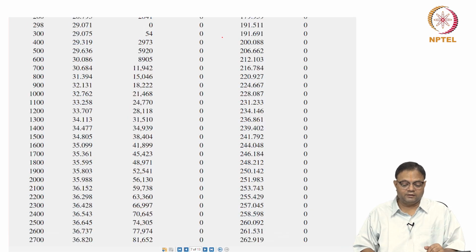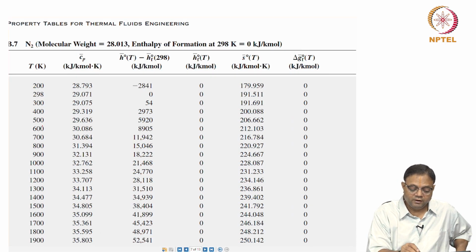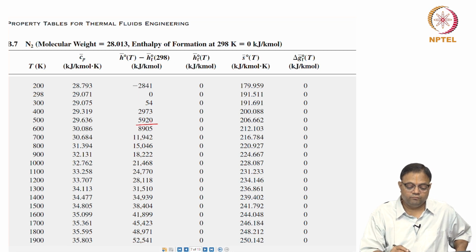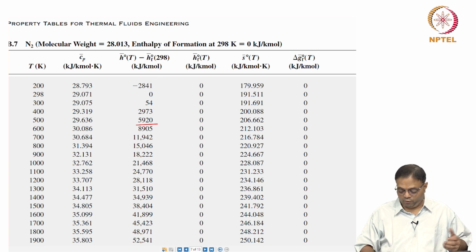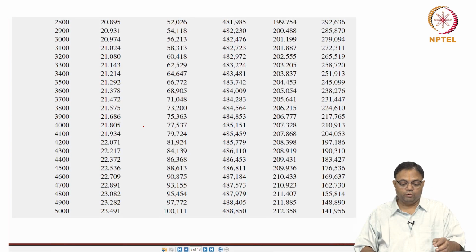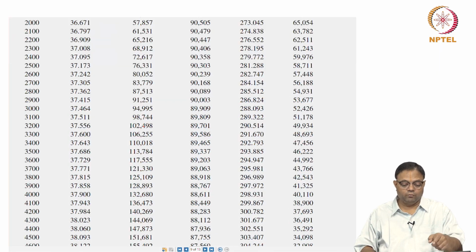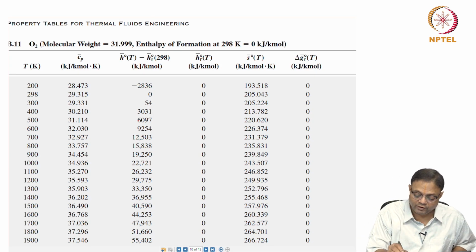Nitrogen: basically I don't want the enthalpy of formation, which is 0, but this value at 500 degrees, the delta H, that is the sensible enthalpy value, has to be taken. Similarly for oxygen. Nitrogen molecule and nitrogen atom, then NO is given, then O2 is given here. Again I want this value for 500.